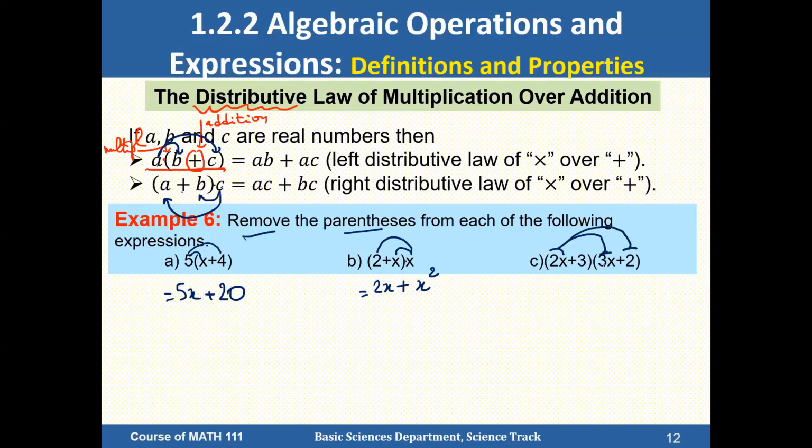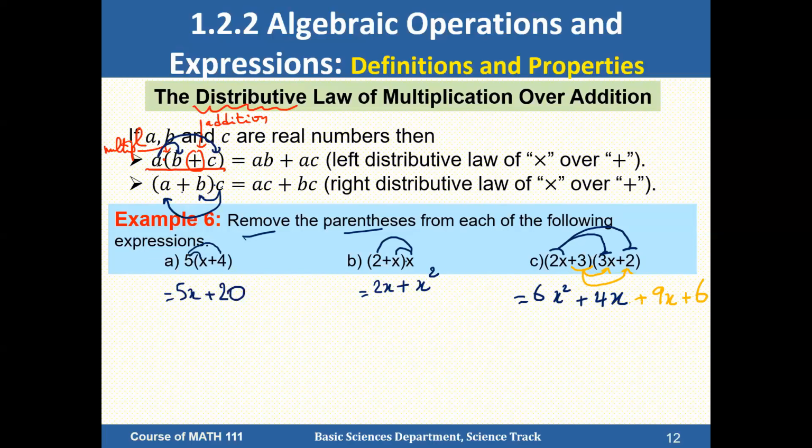So 2x times 3x, 2 times 3 6, x times x square, plus 2x times 2, 2 في 2 4x. Then we distribute the 3. 3 times 3x plus 3 times 3, 9x, and 3 times 2 plus 6.